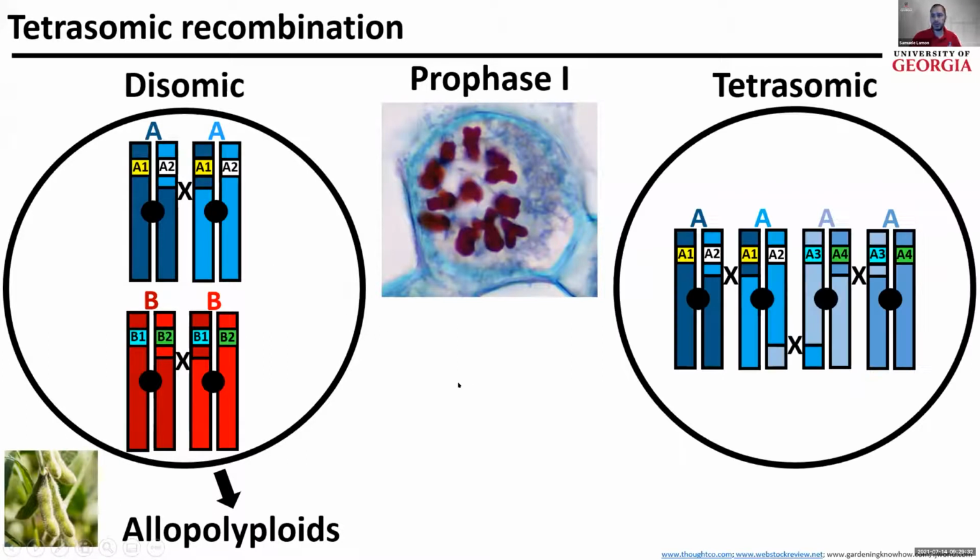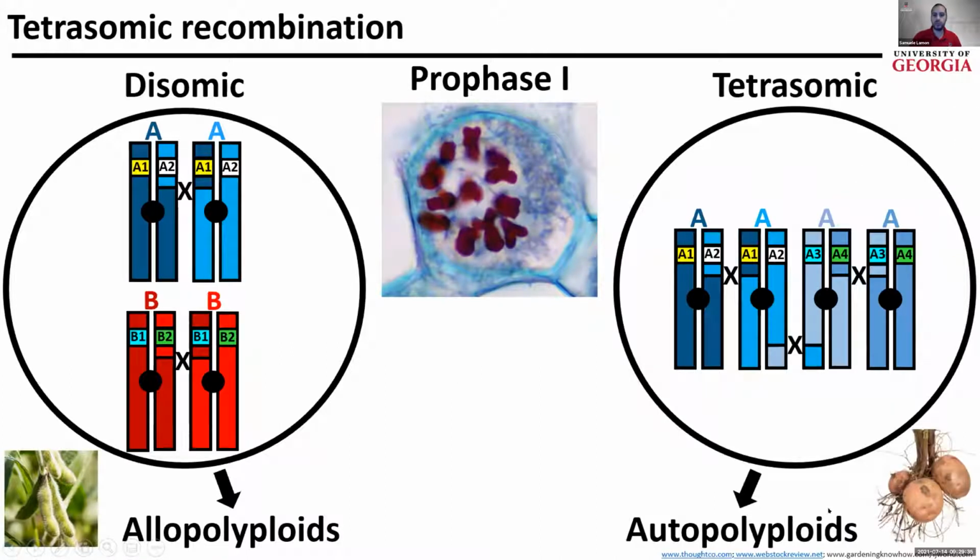The other model is the tetrasomic model, which is typical of autopolyploid species like potato. And this is typical of autopolyploids because they originated from a single species or a single individual. And so each set of chromosomes is really similar to each other. And so they can pair during prophase I and create multivalents, and their recombination can happen among all the different sets of chromosomes.